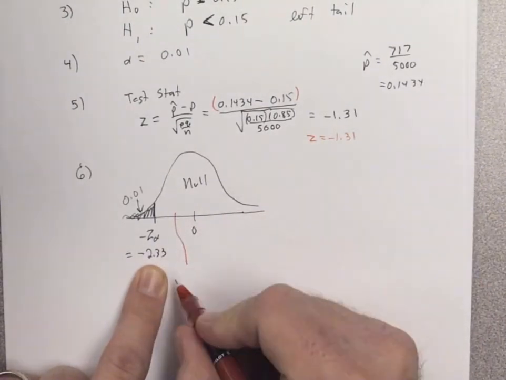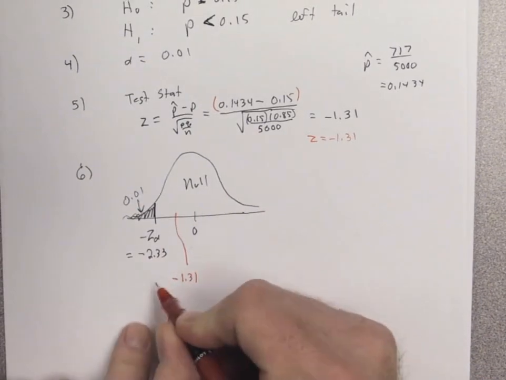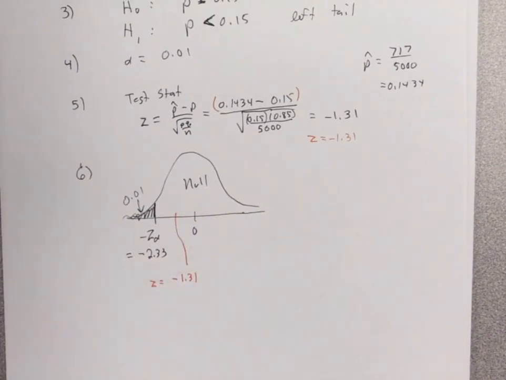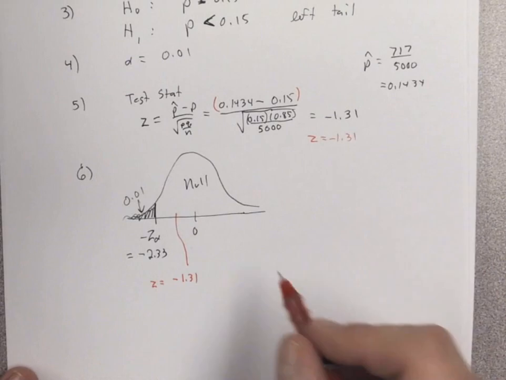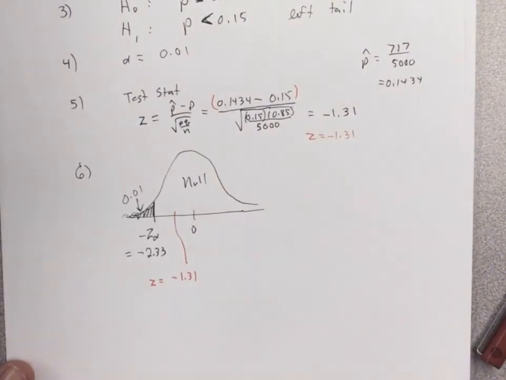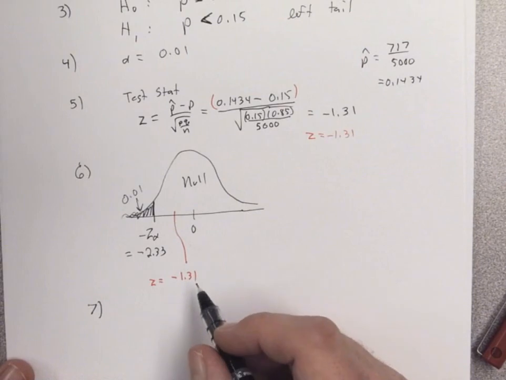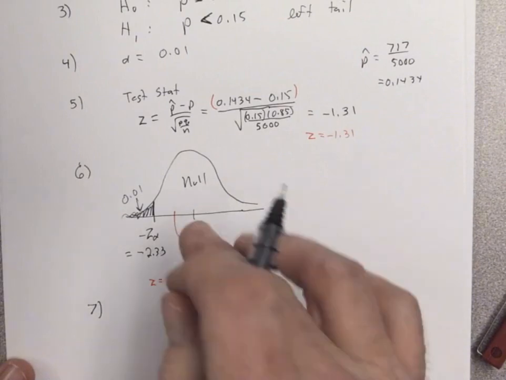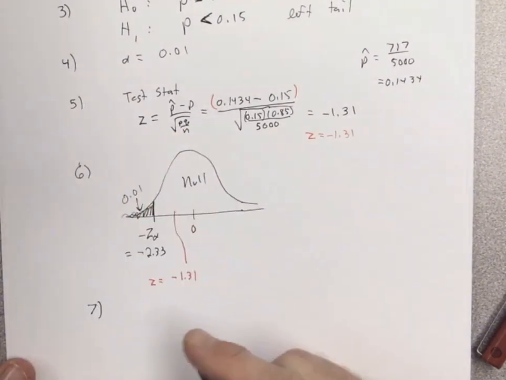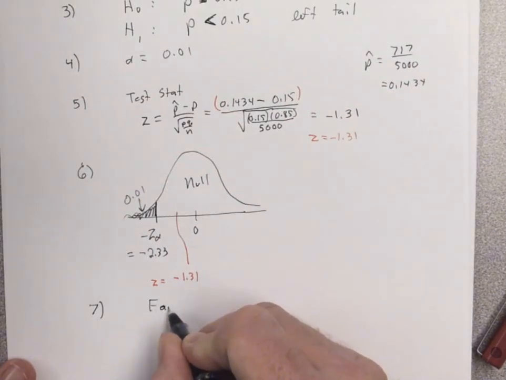This is the test statistic. Does it live in the null or the alternative? The null. So do we reject the null or fail to reject it? We're accepting the null. You guys agree? So we fail to reject.